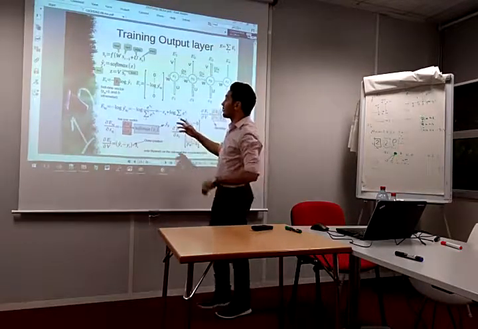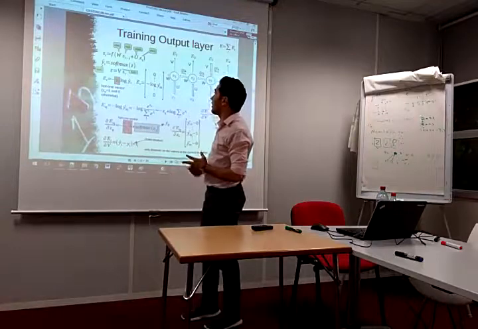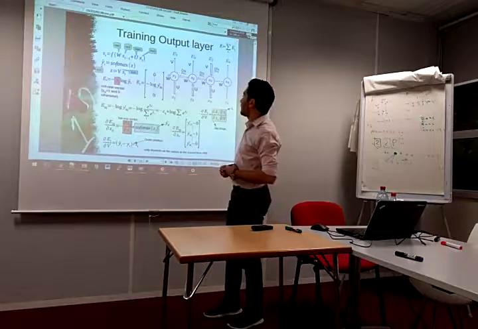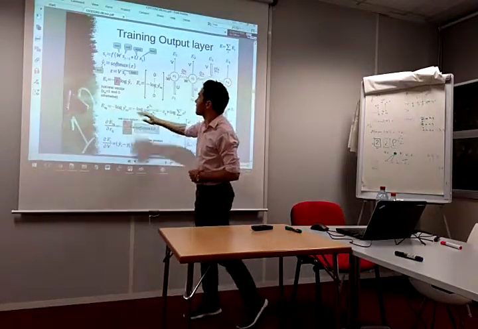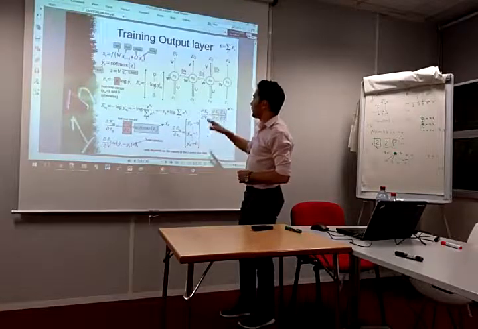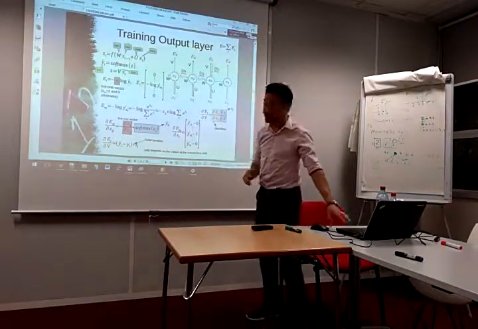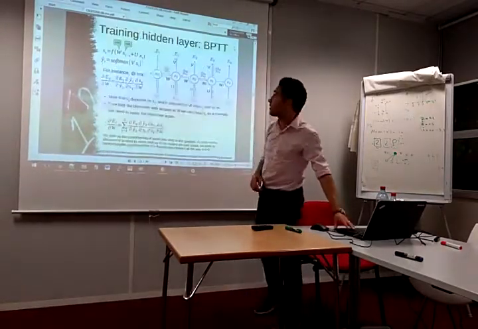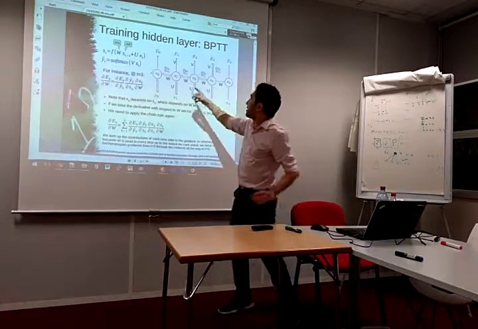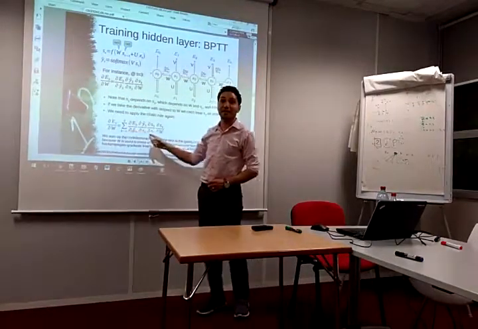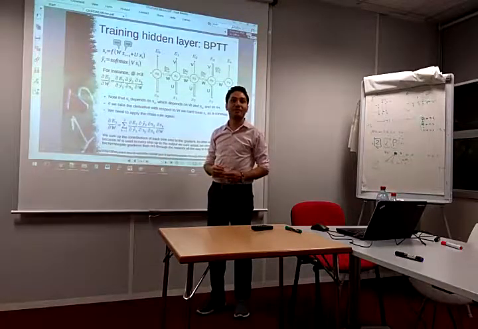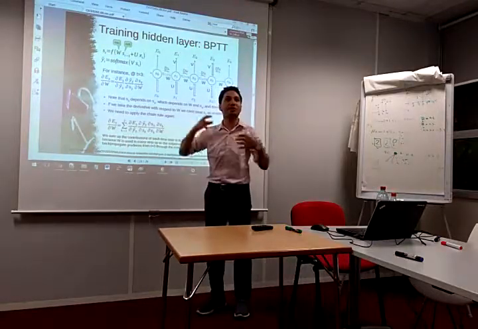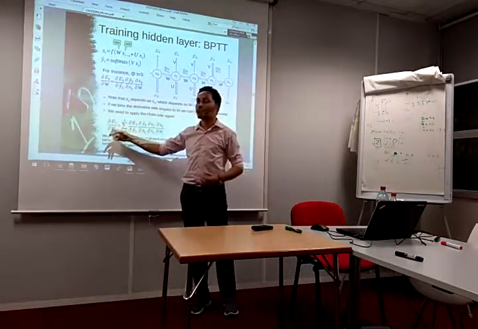And you can define E as the negative log likelihood. So Y hat is the prediction, Y is the ground truth, and you can start to differentiate this log equation, and you will end up with a chain rule that is very simple in case you are differentiating with respect to V, but it is very long in case you are differentiating with respect to W. As you can see here, the chain is getting too long, and this will cause that if these numbers are bigger than 1, eventually we'll have a very large value for dE by dW.